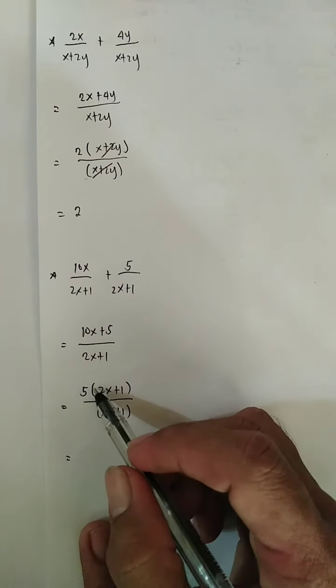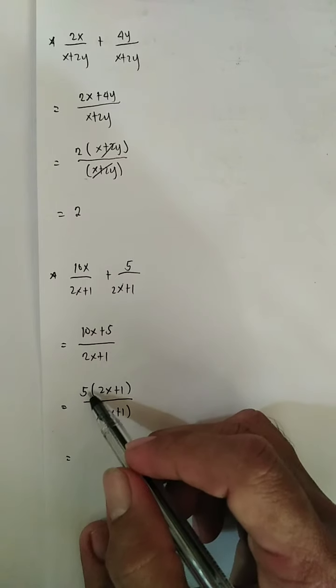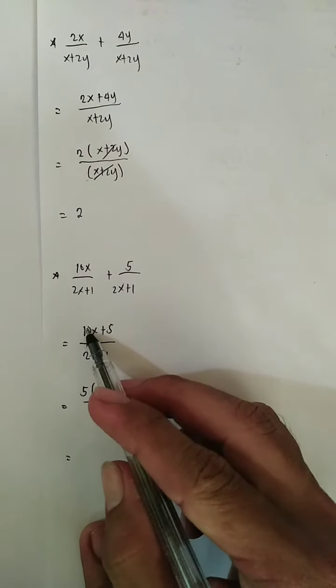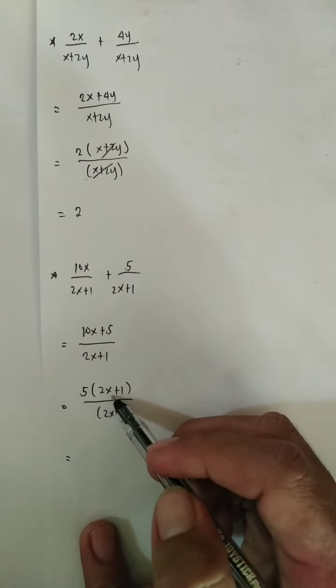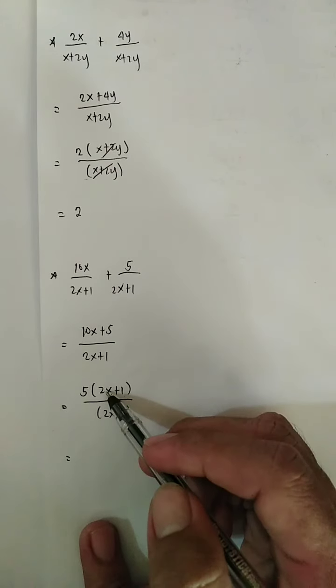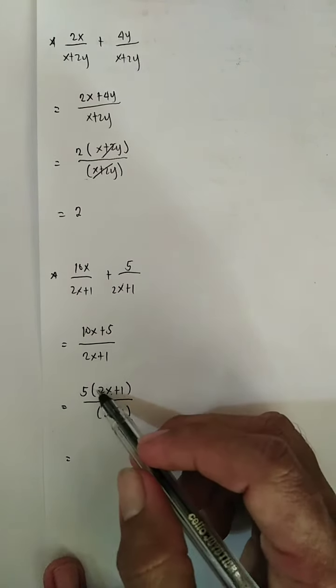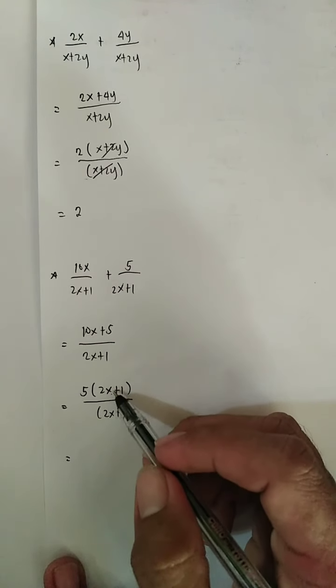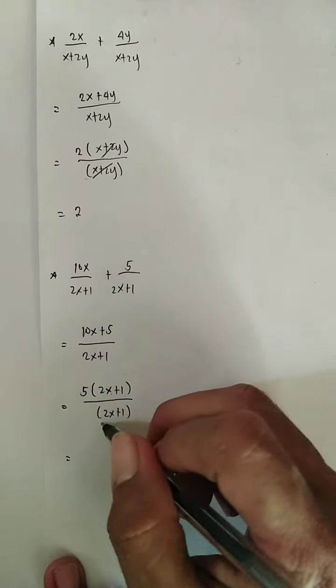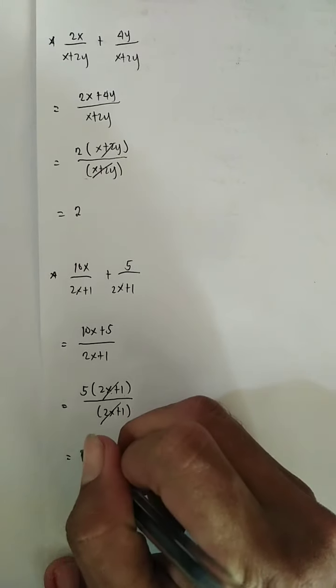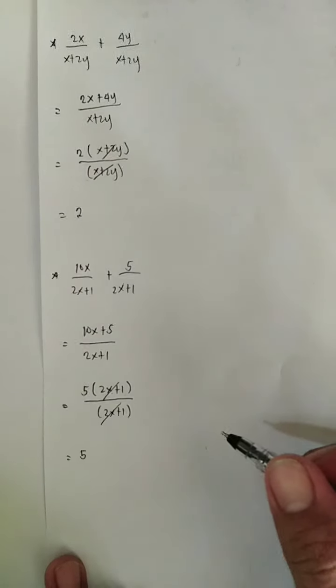After we factor out 5, the numerator becomes 5 times the quantity 2x plus 1, all over the copied denominator 2x plus 1. Since the numerator and denominator share the same factor, you can cancel it out. The remaining term of the expression will be 5.